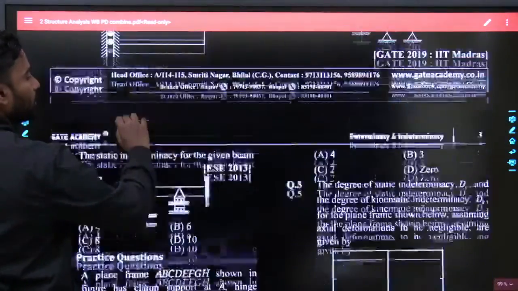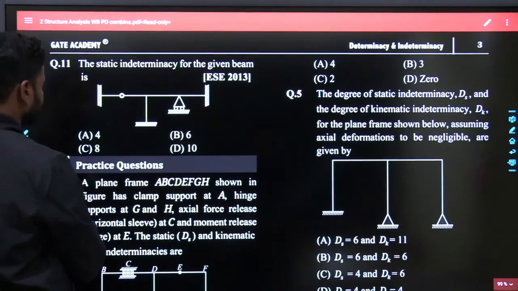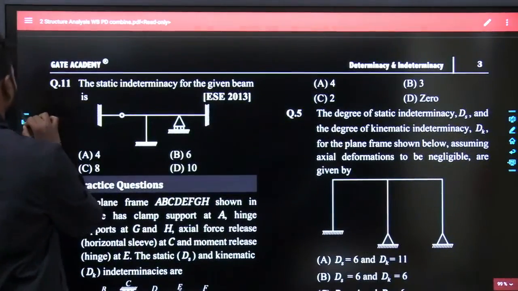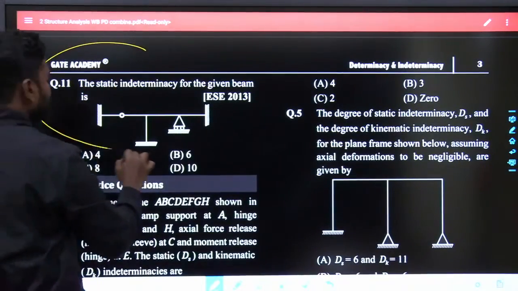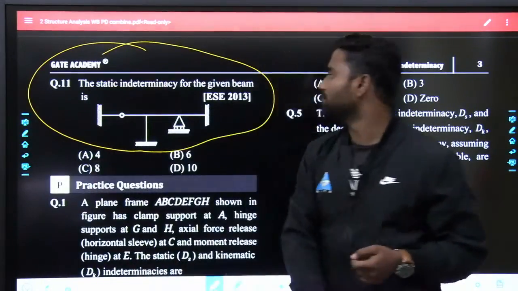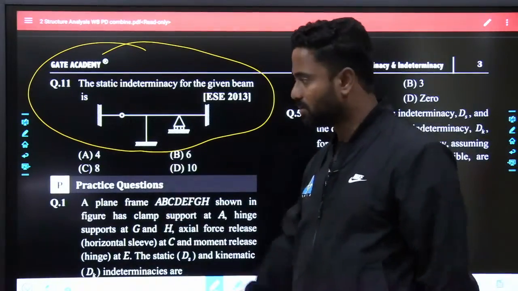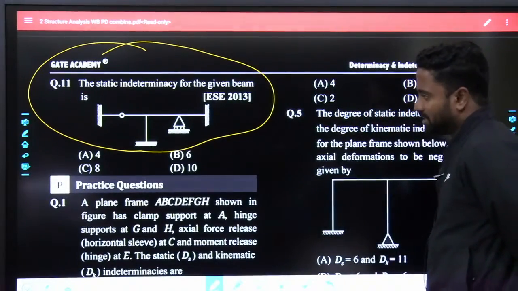For today, we'll solve one more question. Solve this also. Why can't you solve this question? Static indeterminacy for the given beam, or given structure, I can say.